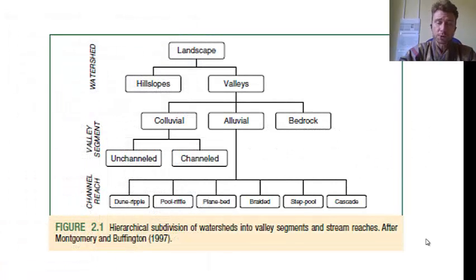Now, one way that we can think about describing these systems is trying to break them up into different divisions or segments. And so this idea of valley segments and channel reaches, these are units which we can use to describe our fluvial landscapes. We talk about these units because they are the largest physical subdivisions that can be directly altered by human activities. And therefore, it's useful to understand how they can respond to our disturbance.